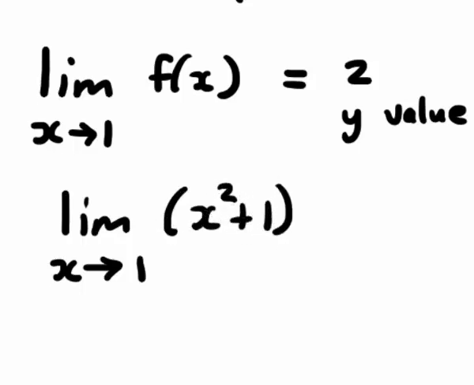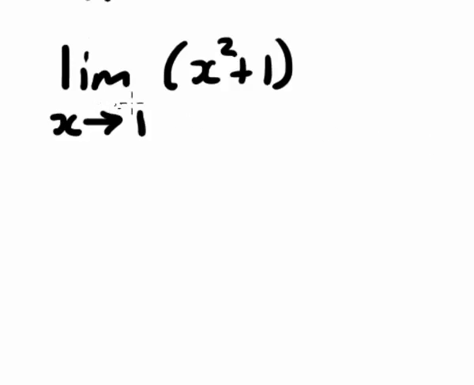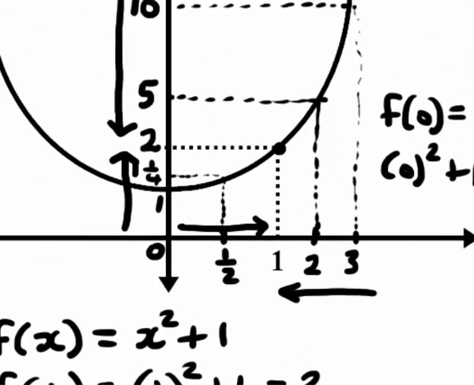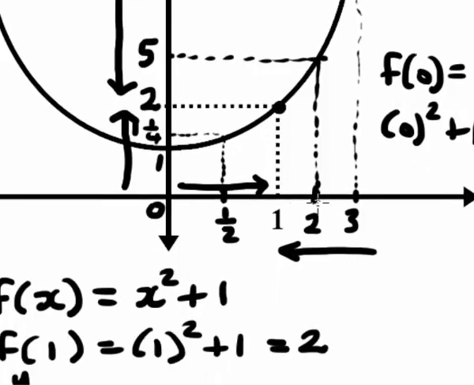Now if we ask what is the y value approached if x is approaching 1, all you do is drop the limit symbol and plug in the 1. So you take 1 and sub it into the graph, and there you get 2. So what is a limit? It's the y value approached as we approach a given x value.